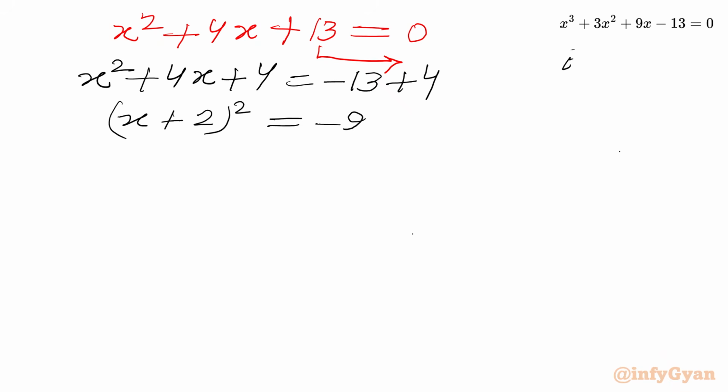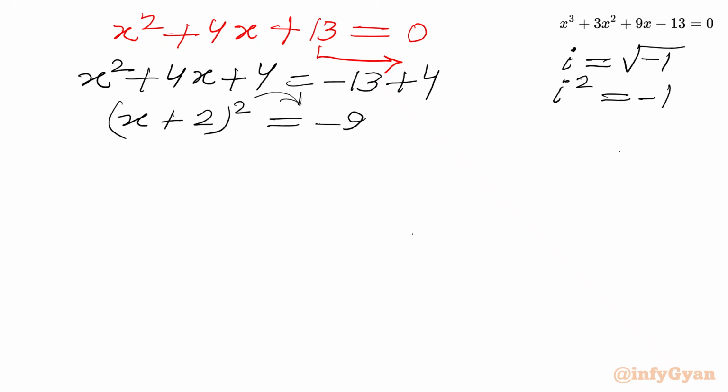Now we know that the complex number i is square root of minus 1. I square is minus 1. Since the square is a negative number, we are going to get complex solutions or imaginary solutions for sure.